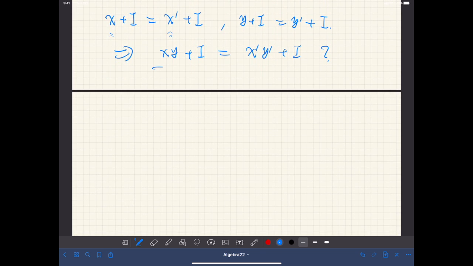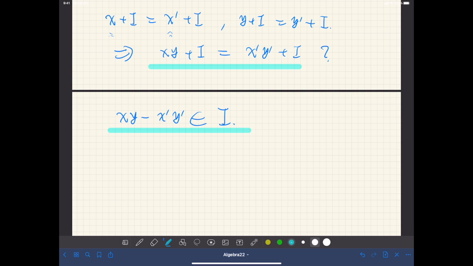By the way, to show this, we need to show that xy minus x prime y prime is an element of I. So this statement and this statement are equivalent, as we have seen in a previous chapter. So let's try to show this.